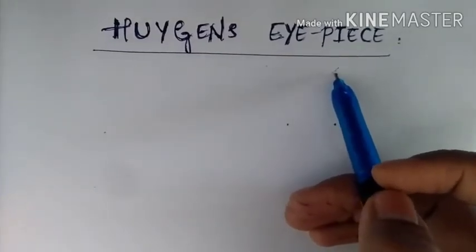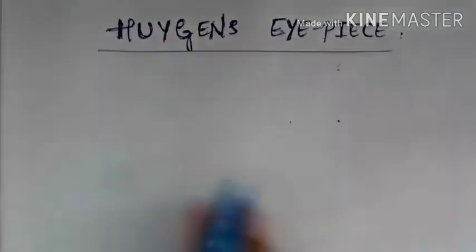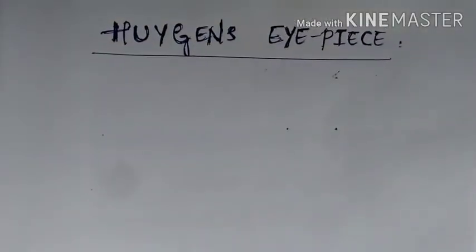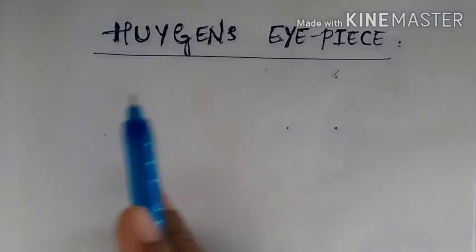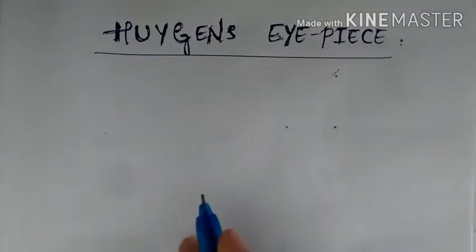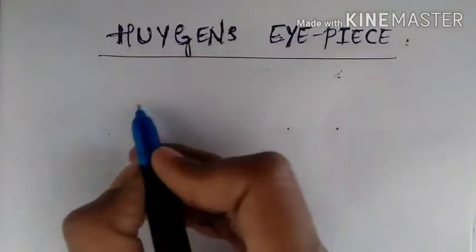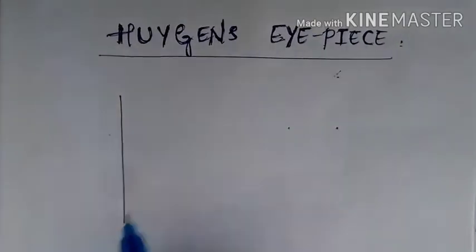So the second, Huygens eyepiece, also uses two plano-convex lenses, but here the curved surfaces of the two plano-convex lenses are not facing each other. So here you have the eyepiece.